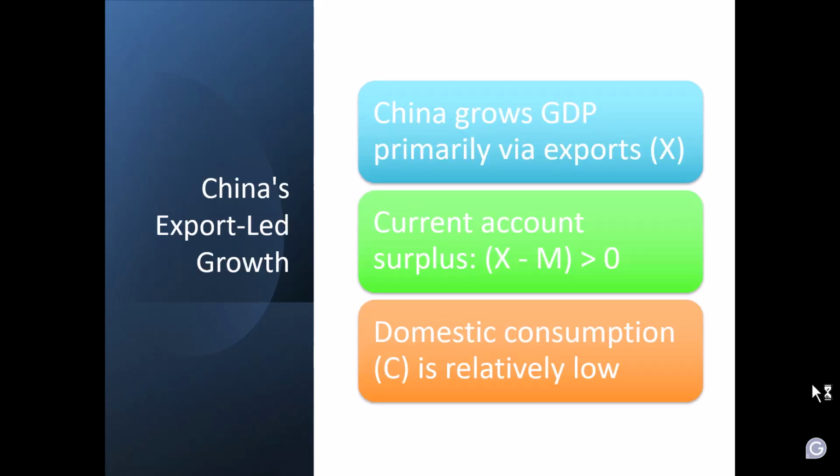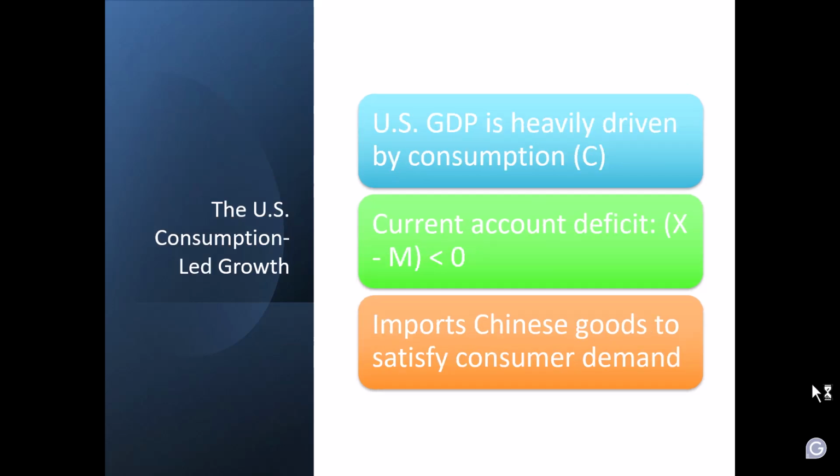I told you earlier that China does not consume a lot. The United States, they tend to be huge consumers. So what we have here is China growing fundamentally through exports and the US focusing on the consumption component to grow.